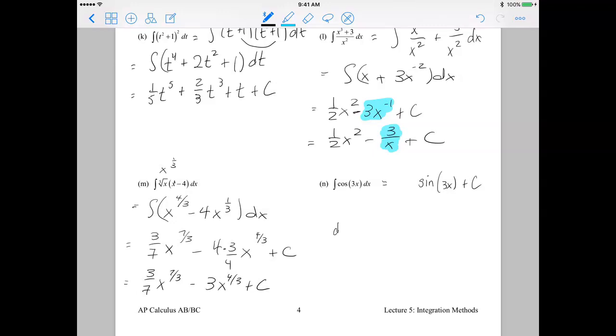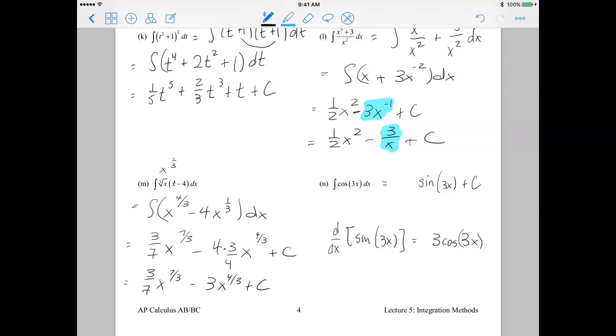If you were to retake the derivative of that answer that I'm saying is not the answer, then here's what you would get. The derivative of sine of 3x is really equal to 3 cosine of 3x. But we don't have a 3 in the original problem.